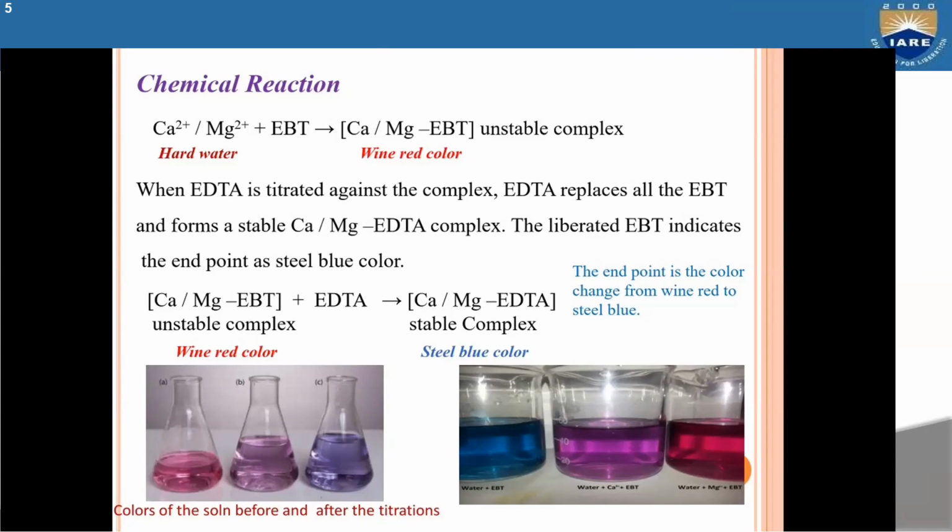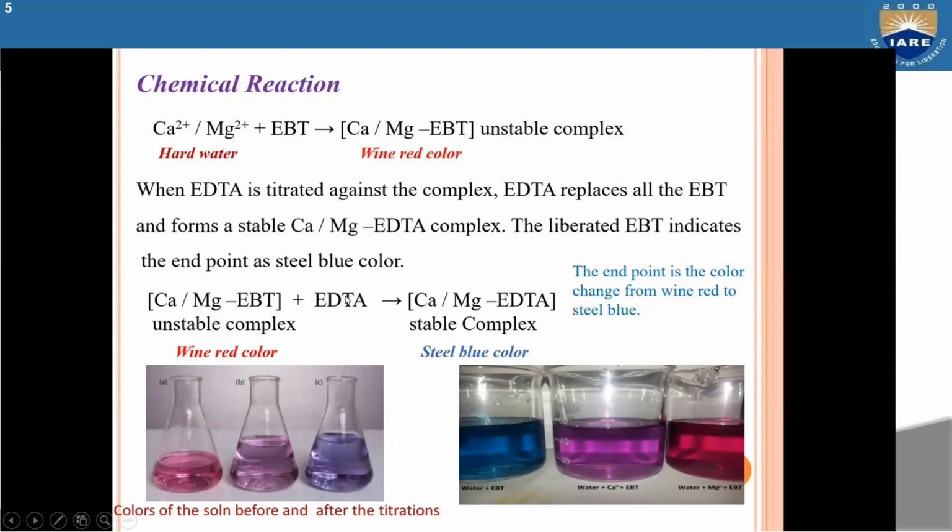So when EDTA is titrated against the complex, EDTA replaces all the EBT and forms a stable calcium magnesium EDTA complex. That color is steel blue. The liberated EBT indicates the end point as steel blue color. So first you get the wine red color, which is the unstable complex.